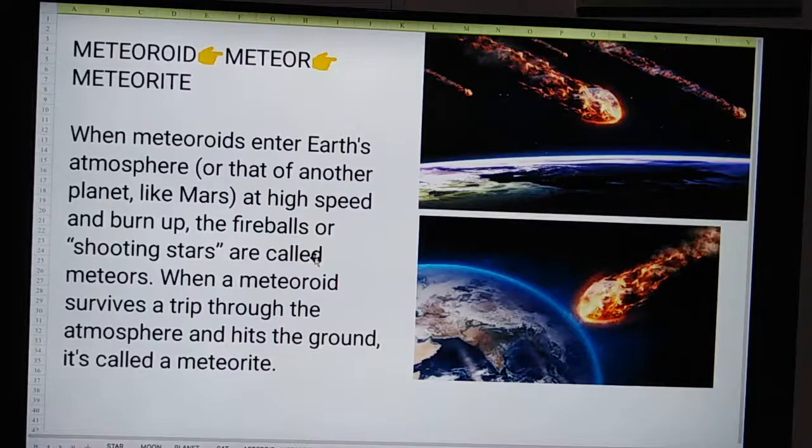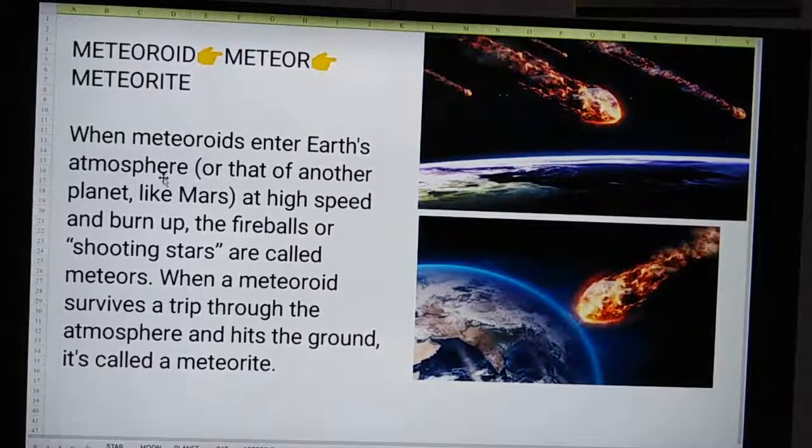Now, why do we have to call it a meteor, no more a meteoroid? This is it. As it is just a part of the asteroid that is broken, we call it a meteoroid. Now, if it moves with that top speed and passes any part of the Earth's atmosphere and does not die off, because this fire can quench at any point, and it doesn't hit any part of the Earth, we call it a meteor.